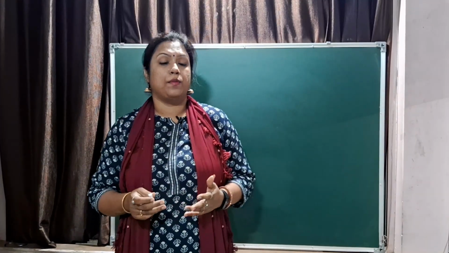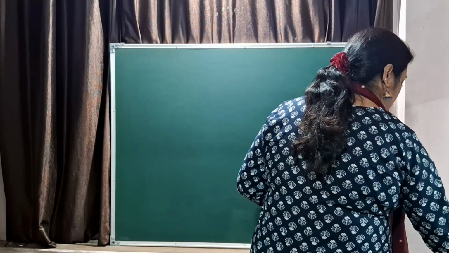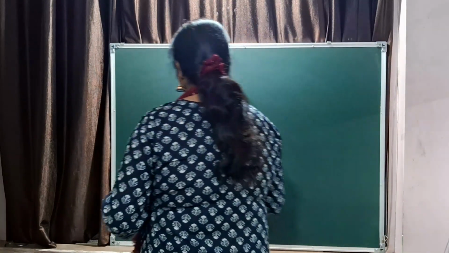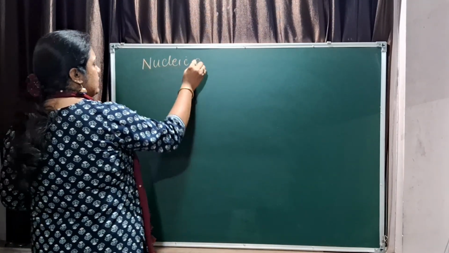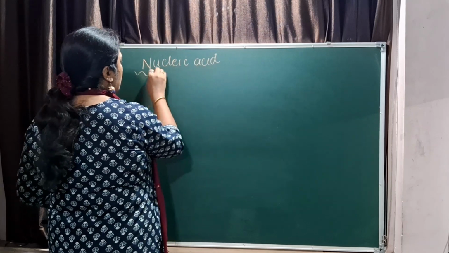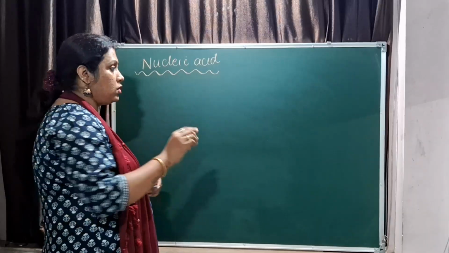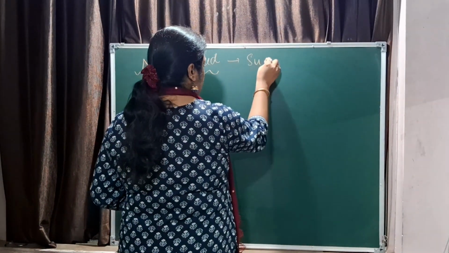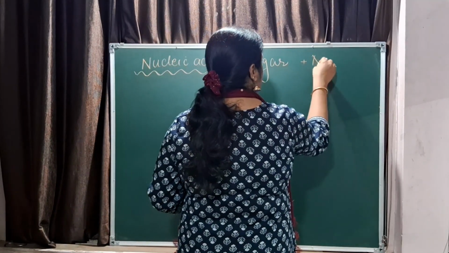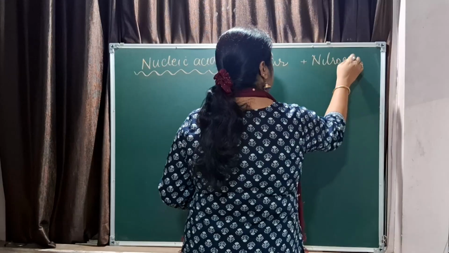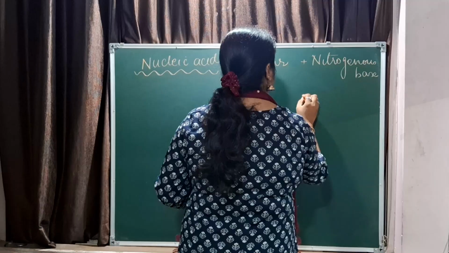Now what is DNA made up of? Okay, deoxyribonucleic acid. The name itself is telling you the story, what it is made up of. So if I say DNA, or let us start with nucleic acid. The nucleic acid has got the components: deoxyribo, that is sugar, nitrogenous base, and a phosphate group.